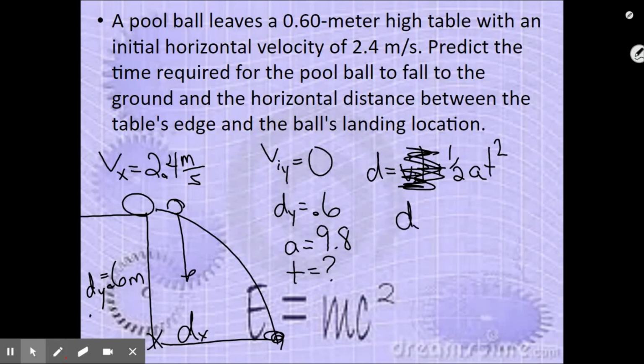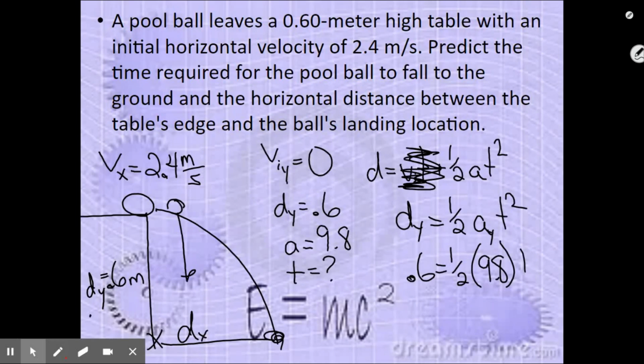So most of the time here in these cliff problems, we're going to use dy equals 1/2 ay, which is 9.8 t squared. So we've got 0.6 equals 1/2 9.8 t squared. And so I'm going to solve for t.